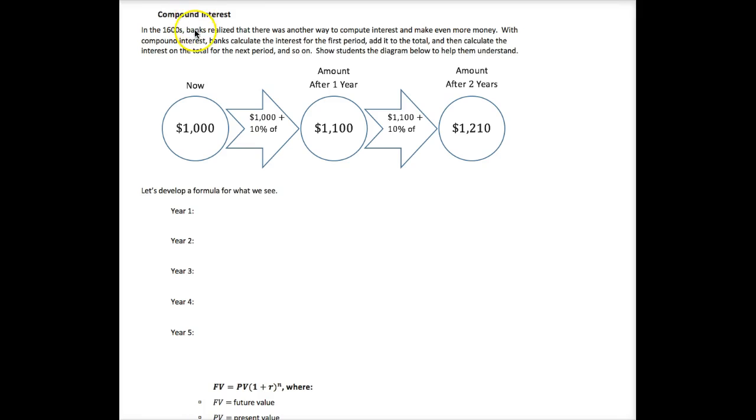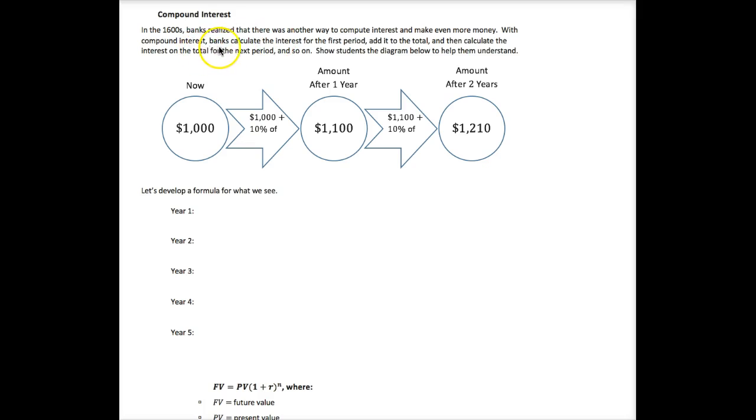That's simple interest. But there's something else called compound interest, and you're going to see that this is in the best interest, so to speak, of the person who is making the money off the principal. So lenders make money off the principal and investors make money off the principal. In the 1600s, banks realized that there was another way to compute interest and make even more money.